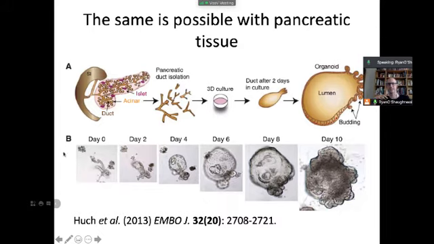We can see this in these micrographs, these microscope images on the bottom. We get a single duct, and then this single duct starts growing cells around it, and then these globular structures with a lumen form, and we get these budding structures by day 10. So it's recapitulating a lot of the structures that are seen in normal pancreatic tissue.